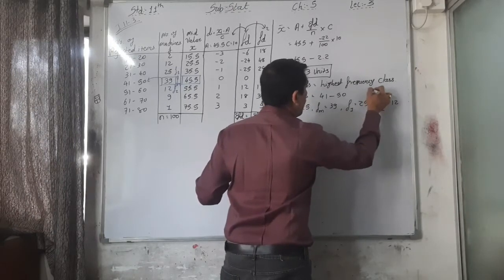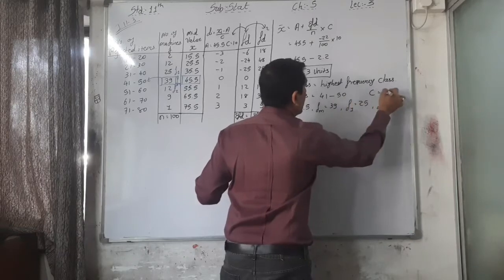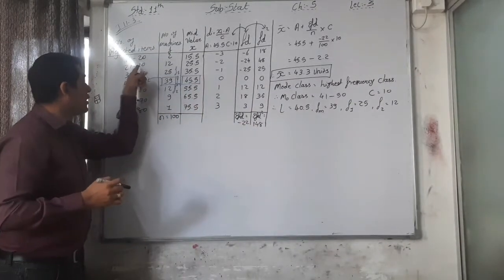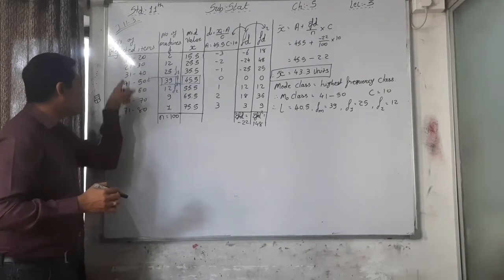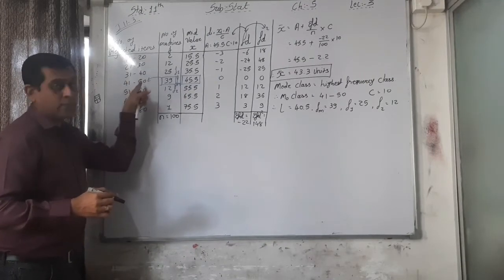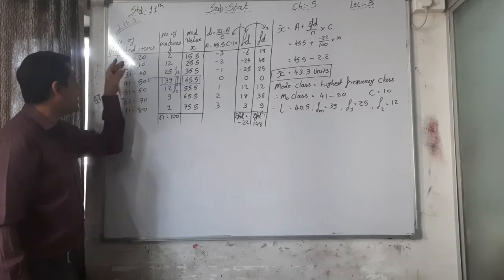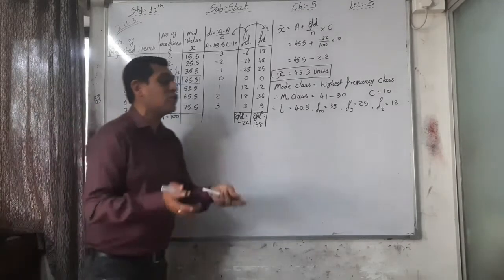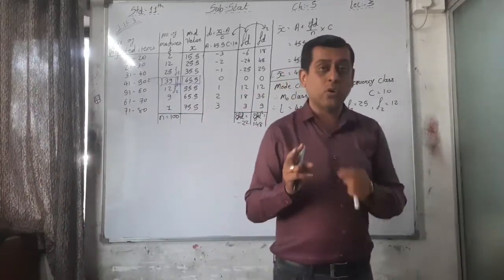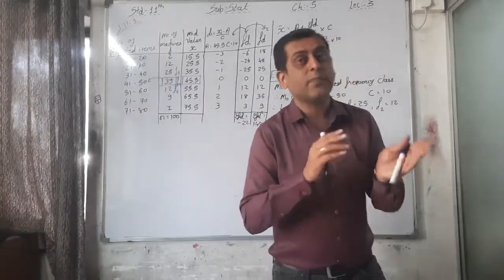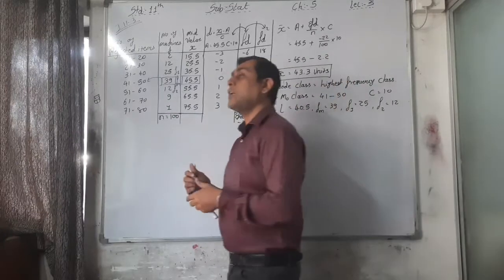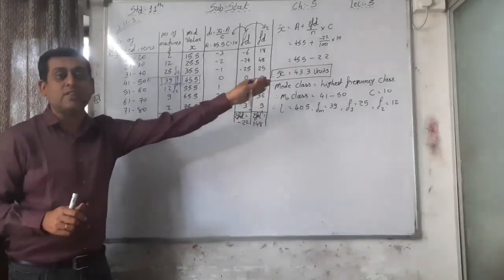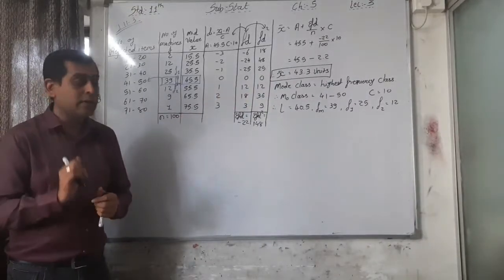And class length obviously is 10, not 9, because whenever inclusive type of data is given, you have to see the lower class boundary difference of two classes, or the upper class boundary difference of two classes, and you get the actual class length, that is C is equal to 10.